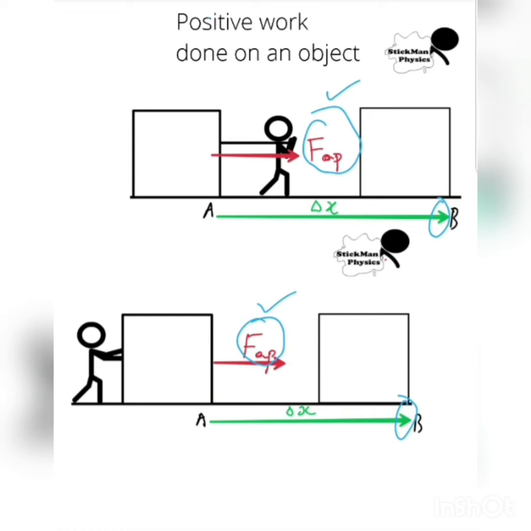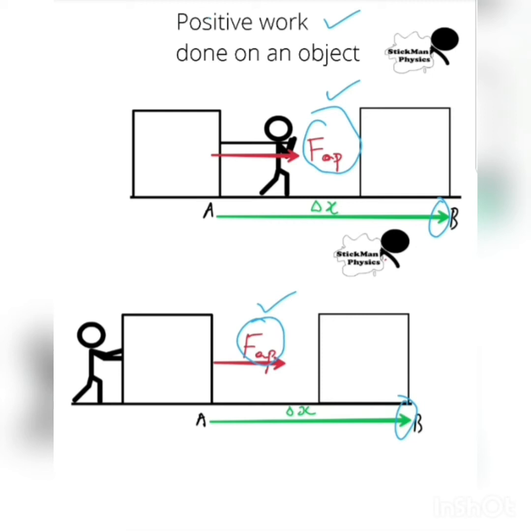Therefore, what we should understand is that a force that is in the direction of the displacement does positive work on an object. Whenever we have a force and a displacement parallel to each other and in the same direction, again we say positive work is done on that particular object.